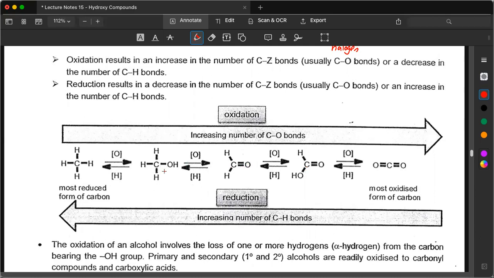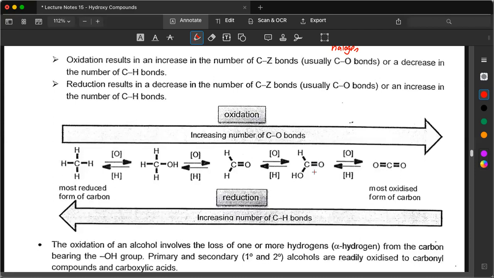So we can see that although the number of oxygen does not increase per molecule, the number of hydrogen actually decreases by 2. And then there's an increase in oxygen here. The most oxidized form of carbon will have all the hydrogen removed, and we only have C double bond O, which is CO2.